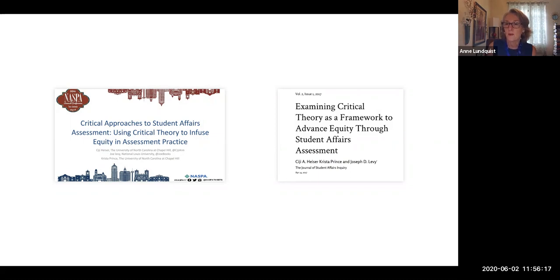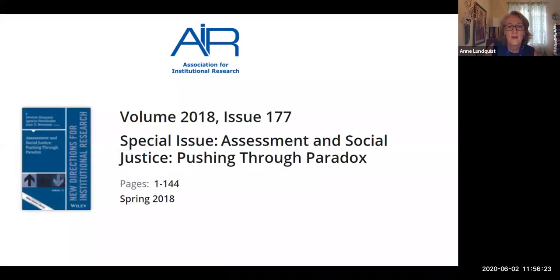They really unpack how to do that, or a way to think about that to advance equity. And then the Association for Institutional Research published an entire volume in 2018 on assessment and social justice. So again, we're thinking about the institutional lens, the student affairs lens, the classroom-based lens. These are all the different places where we work and practice.